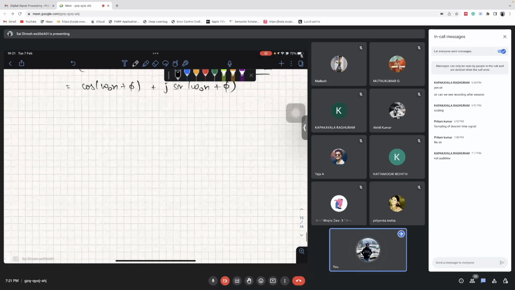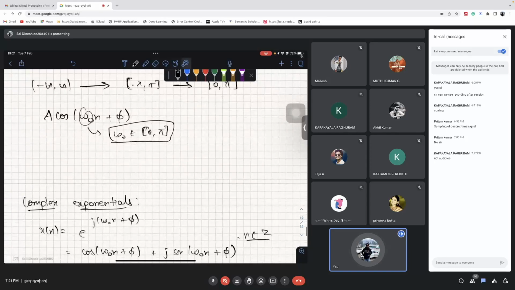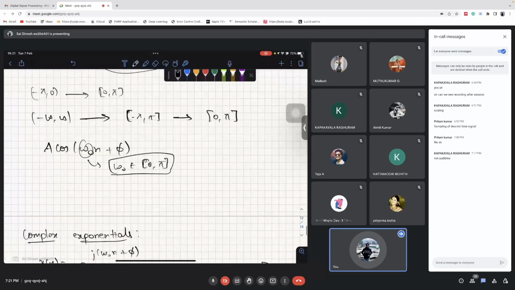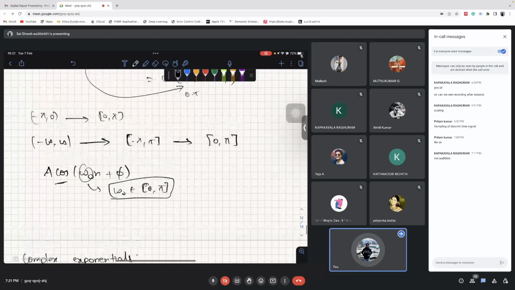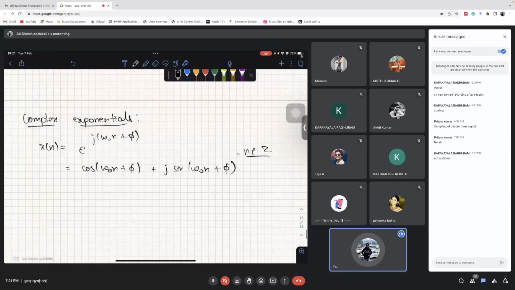Now, as in the case of real sinusoid, we brought omega naught into the range of 0 to pi. But in the complex case, earlier we had only one cosine term, so due to that relation we could bring minus pi to pi to 0 to pi. Here we do not have that because we have a cos and a sine term.